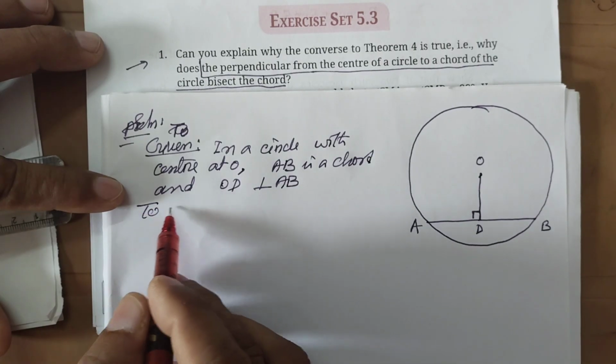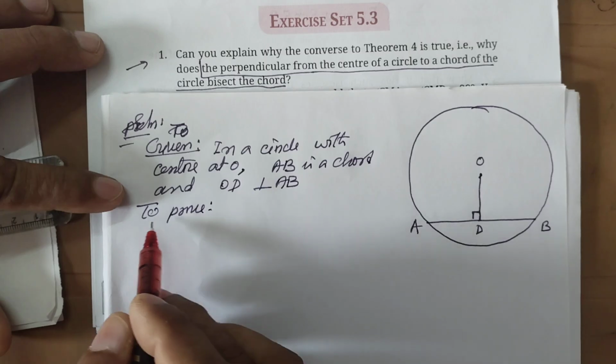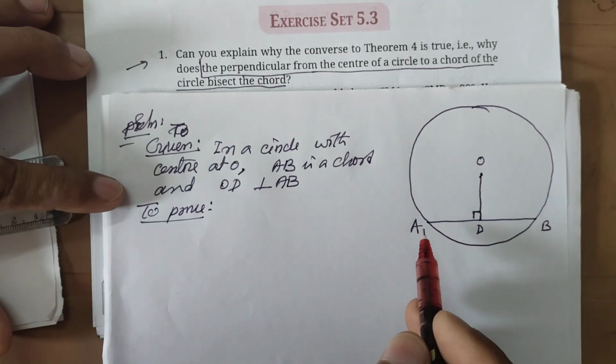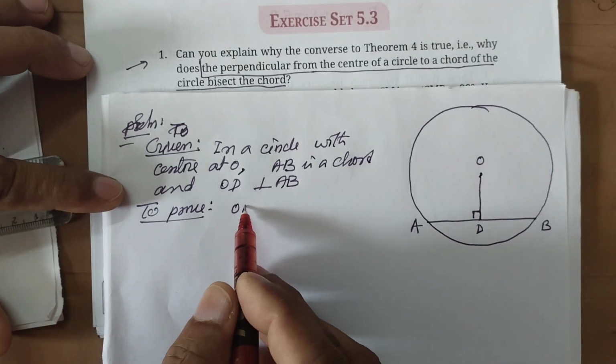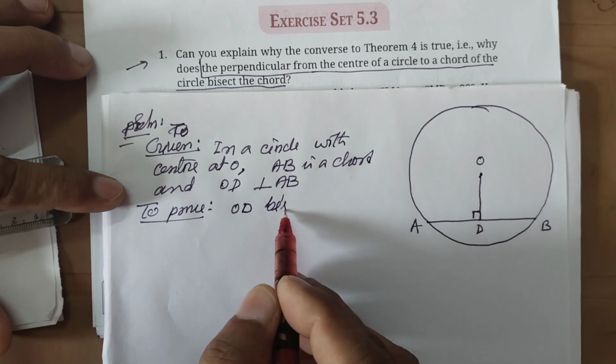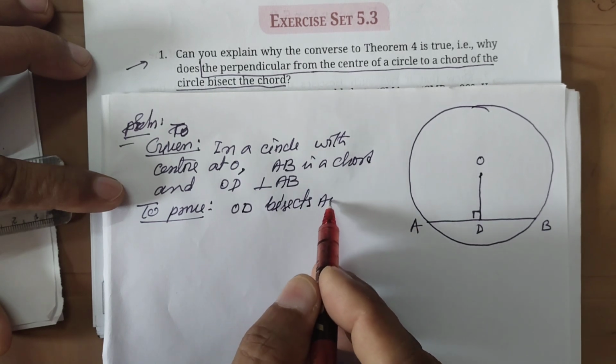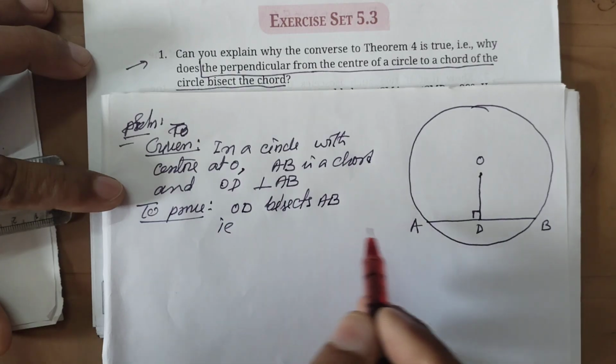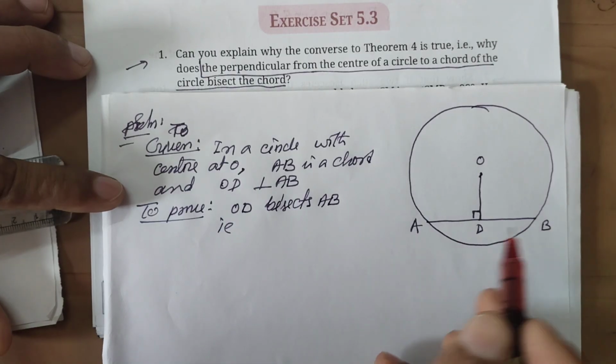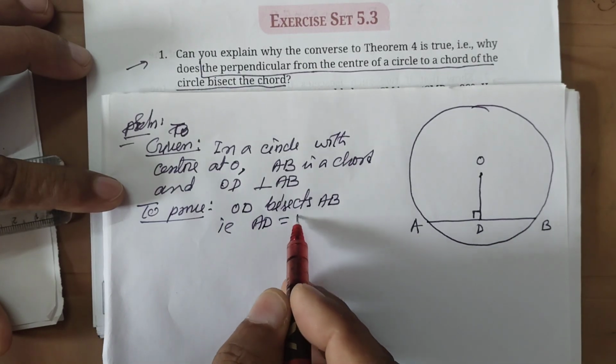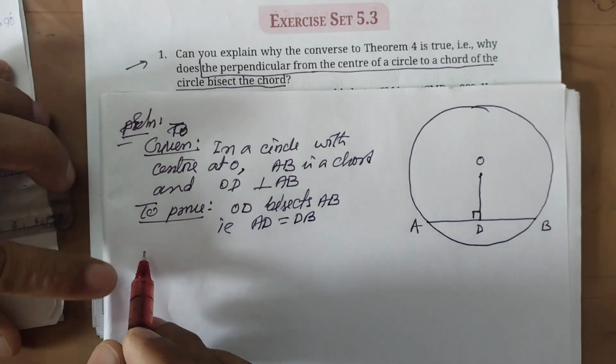And what you are asked to prove? To prove OD bisects AB, that is, you have to prove AD equal to DB. Now proof.